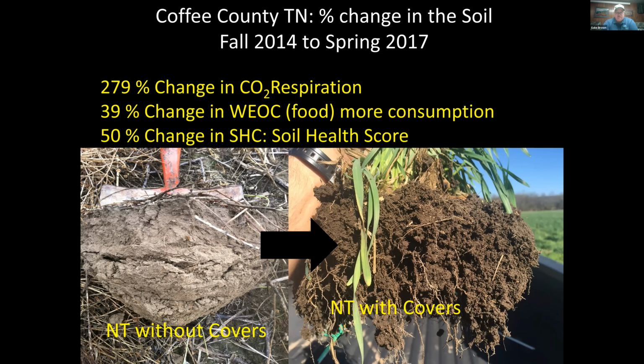Look at the soil aggregation that was built. Look at the biology that comes with it. 39% improvement in the food for biology. Tremendous improvement in a very short period of time just by using these principles to drive the four processes.